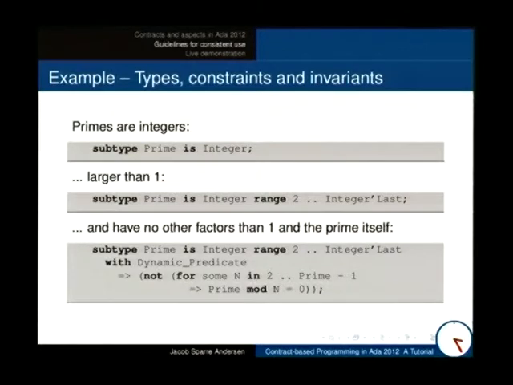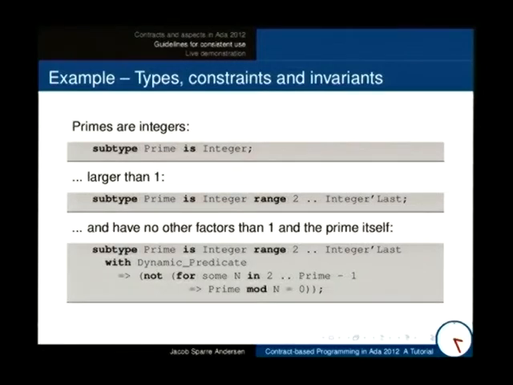I go back to my integers in my prime example. We start out with these prime integers. And I decided here that it's really an integer. It's not that special, so it's just a subtype of integer. If I thought it was really something special, I would say type Prime is new Integer, and it would be a new type, which just happens to be derived from the integer type.